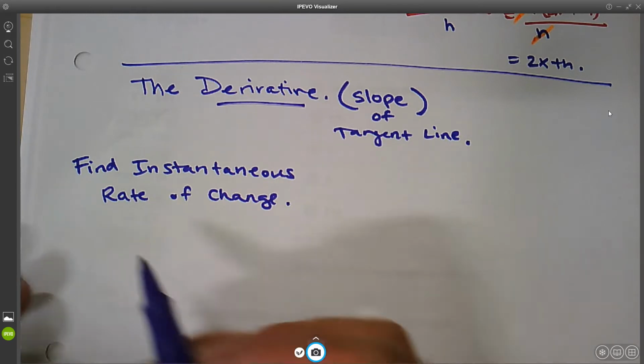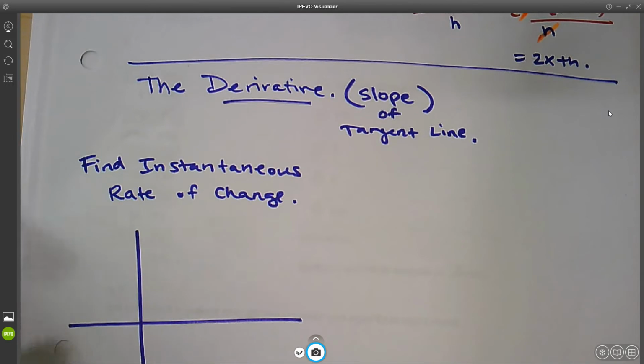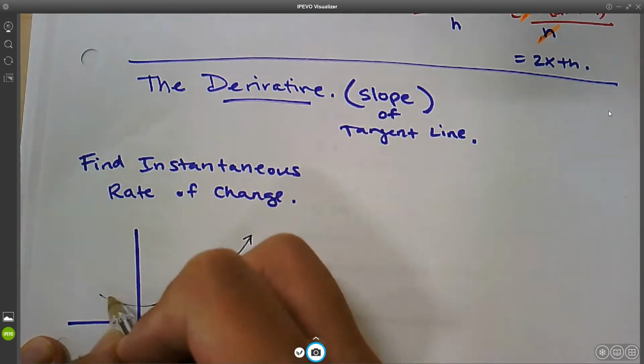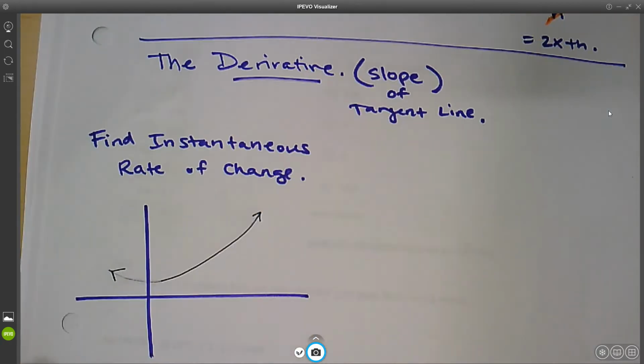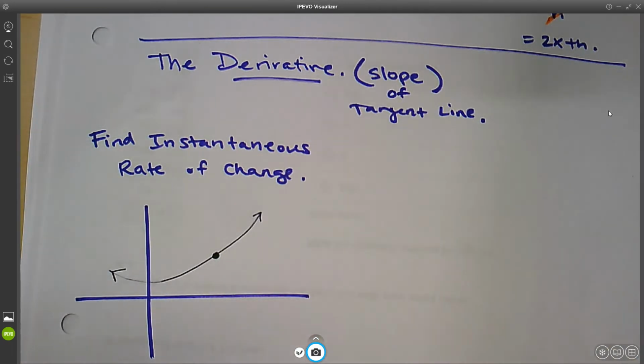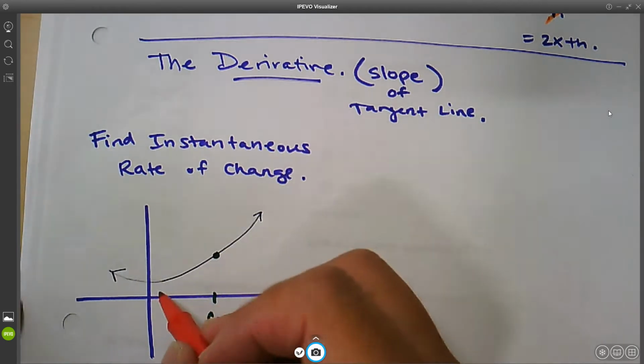Let's draw a picture. We have a curve that looks like that. And then our question was pretty much one point at C, there's a tangent line.